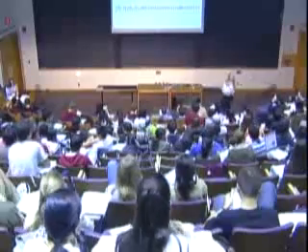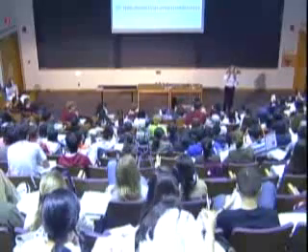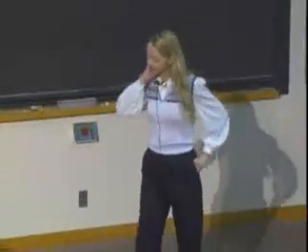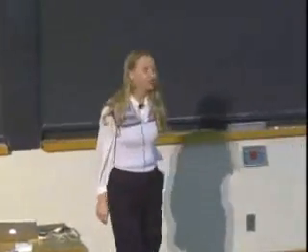Okay. Is an endothermic reaction spontaneous? Yes. Is an exothermic reaction spontaneous? All right. Is delta H the key to spontaneity? No. What is? Delta G. Right. Okay. So delta G is the key to spontaneity.